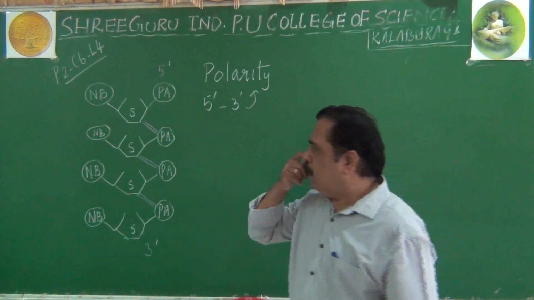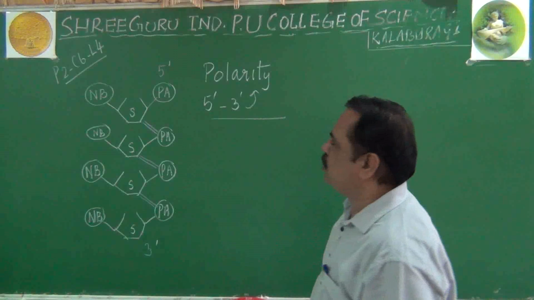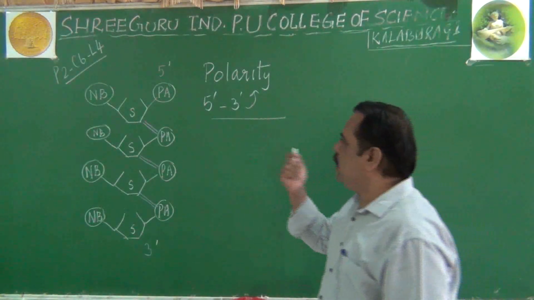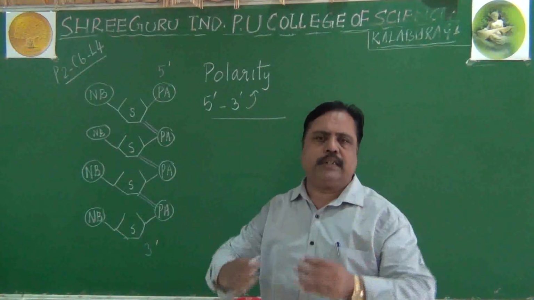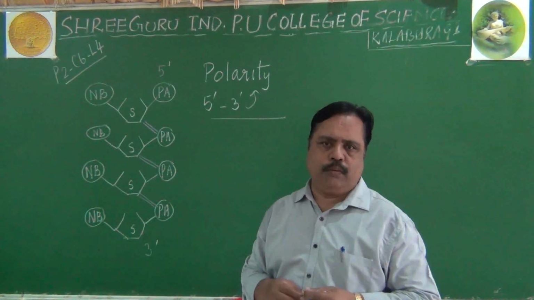Okay. Now let me come to another important aspect which we have seen in the previous class also. The structure of DNA cannot be just predicted as a diagram or something, because it is a biochemical molecule.